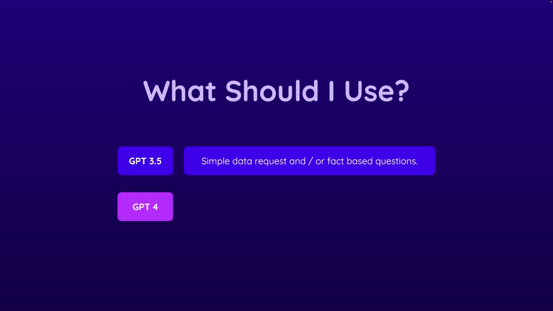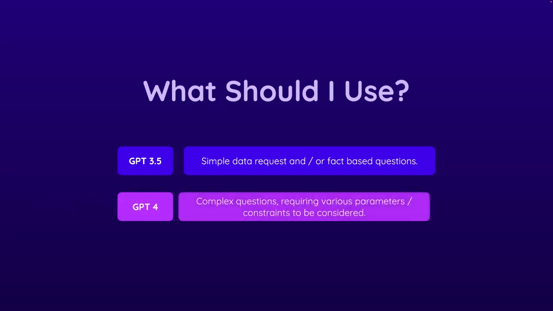GPT-4 is the more powerful model though, so whenever you have complex questions that require various parameters and constraints that should be considered, if you need to use the internet with the web browsing feature, if you need to create images, if you have more complex, maybe coding related tasks, then GPT-4 is the by far superior model to GPT 3.5.